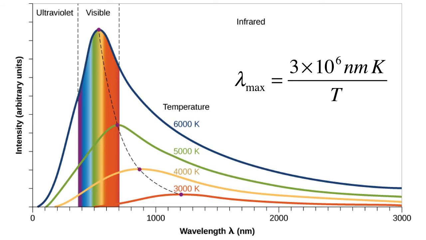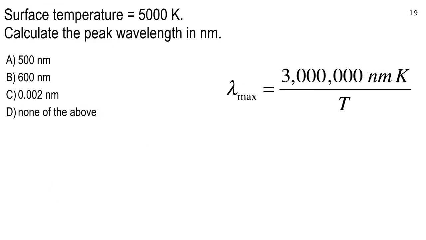Now I'm going to give you a calculation here, and this is multiple choice. Here's your question, and we're going to use this equation, and we'll go through it step by step afterwards. Go ahead and give this one a shot. 3 times 10 to the 6 in the numerator, that's the same as 3, 0, 0, 0, 0, 0, 0. So if you're on a calculator, you can do that. And give me the peak wavelength of this list, A, B, C, and D, in nanometers for a 5,000 Kelvin object.